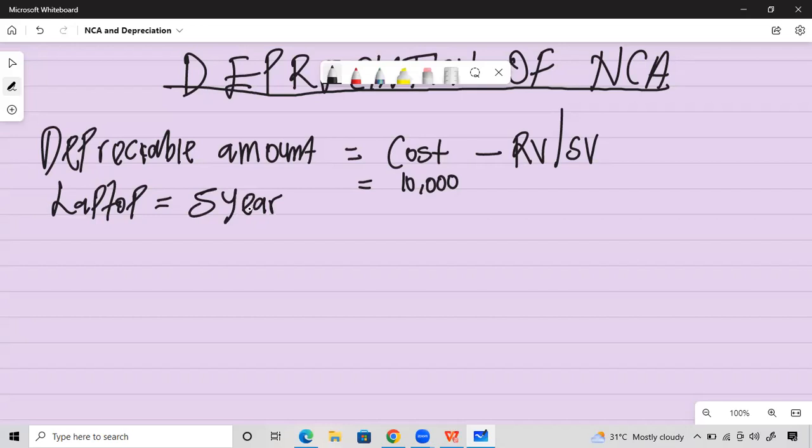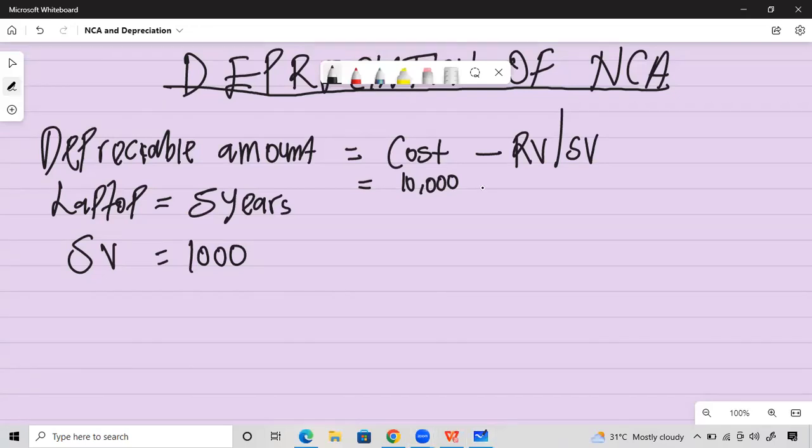You may then ask, what about at the end of the 5 years? I can still be able to sell it as scrap value of 1,000 naira. So the depreciable amount will not be the full cost.